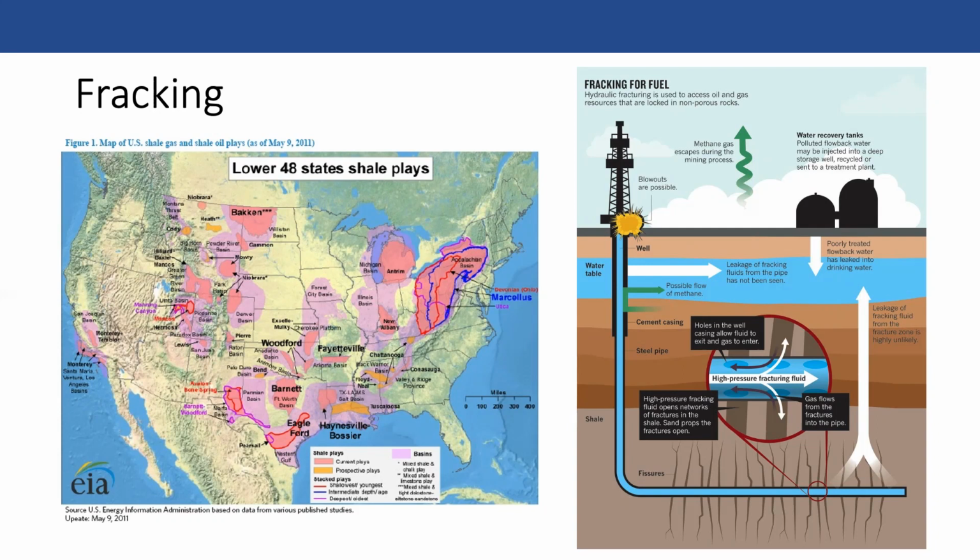There is a striation of material called shale deep underground that has this network of fractures that contain a lot of fossil fuel resources, but we weren't able to extract them before.